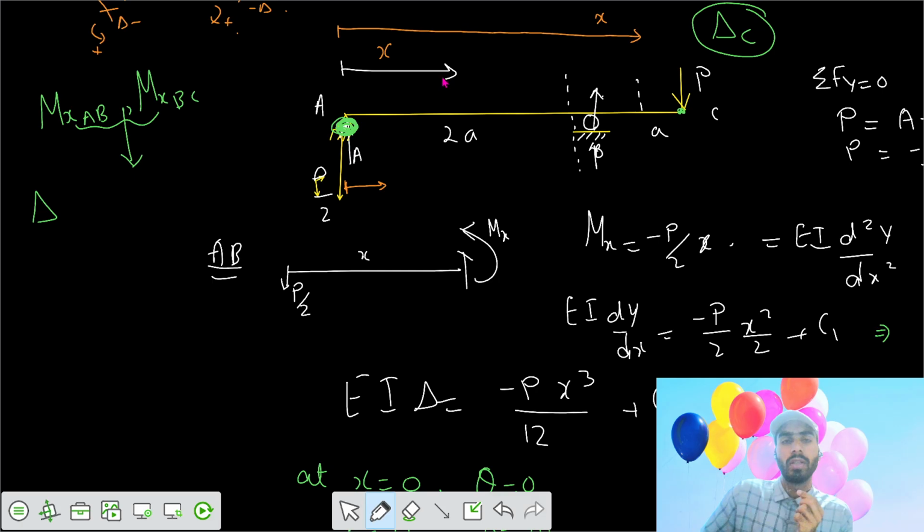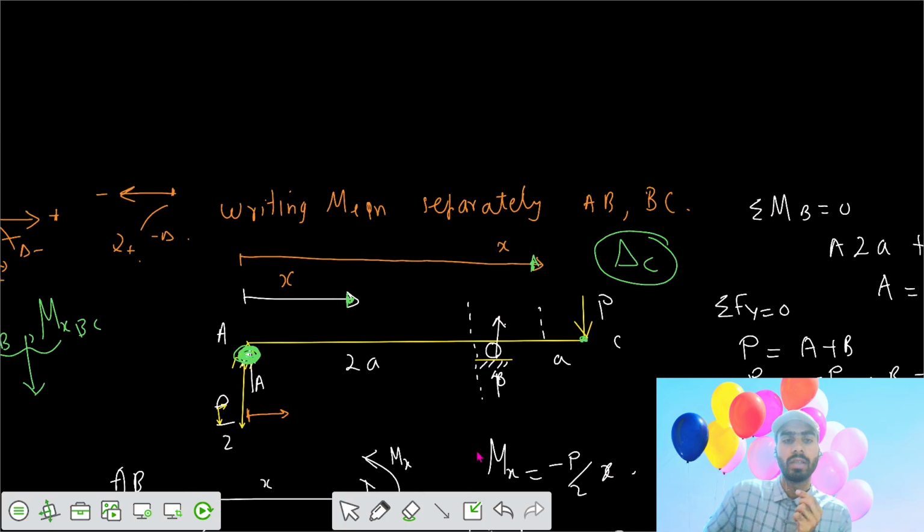We have to see how these two moment equations are linked together. So if you want to make the deflection profile of this beam, let's say here the reaction is P by 2, here the support reaction is 3P by 2, and the load here is acting P downwards.